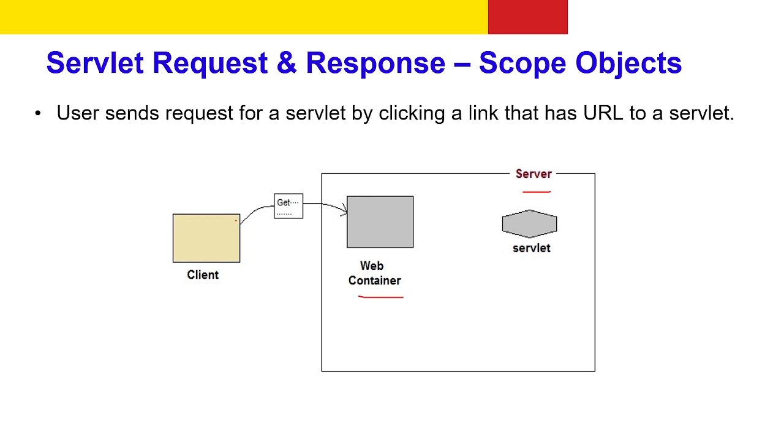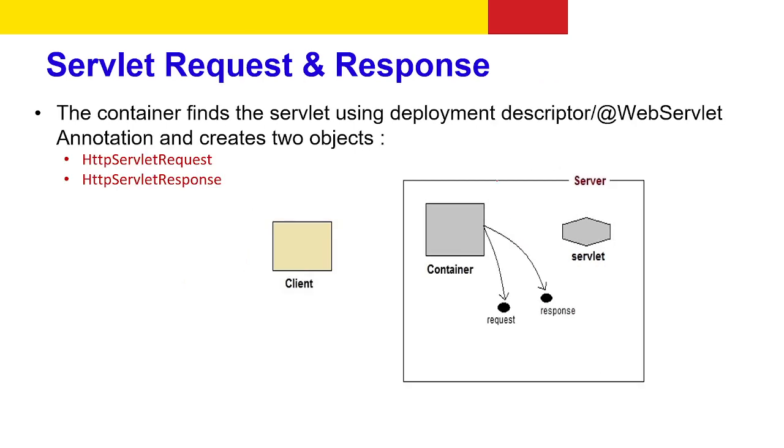Just look here. The client will make a get request to the web container, and the servlet is here. The container finds the servlet using the deployment descriptor or the web servlet annotation. When I make a request, it goes to the container, which looks for the web XML or this particular annotation and creates two objects: HTTP servlet response and HTTP servlet request.